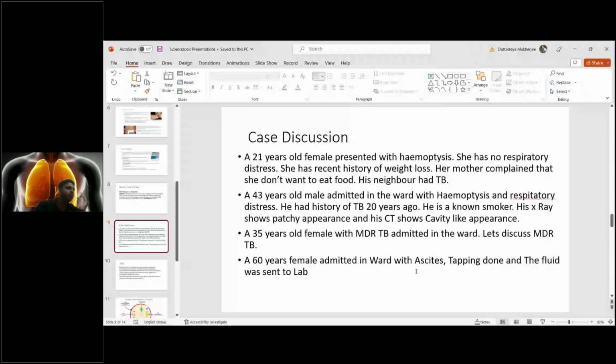Many times in this area, the patient has PTB in the latent state, but the patient swallows the sputum, the sputum goes into the GI tract, and it causes tuberculosis. It's a case of abdominal tuberculosis.